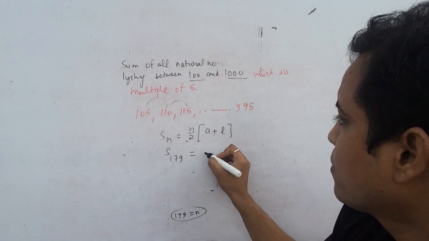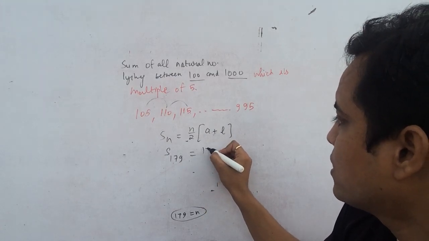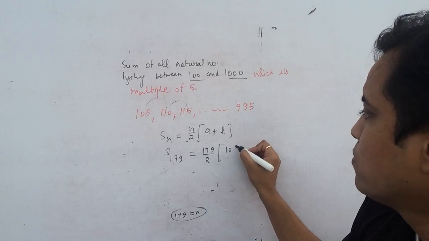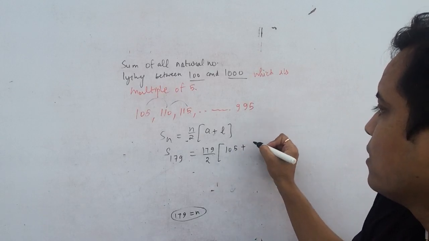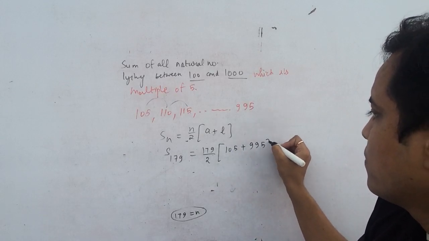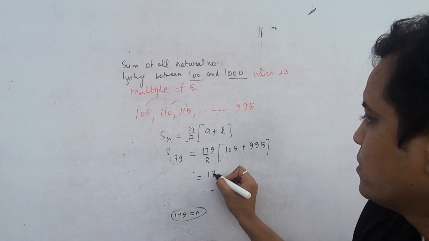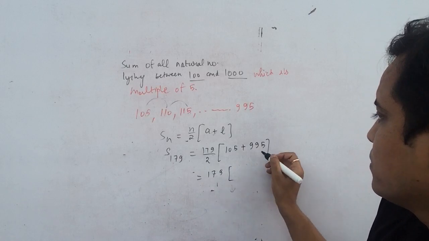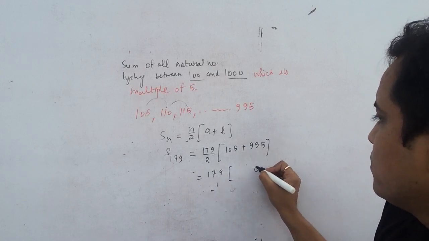So n by 2, what is n? 179 upon 2. What is a? 105. What is l? 995.